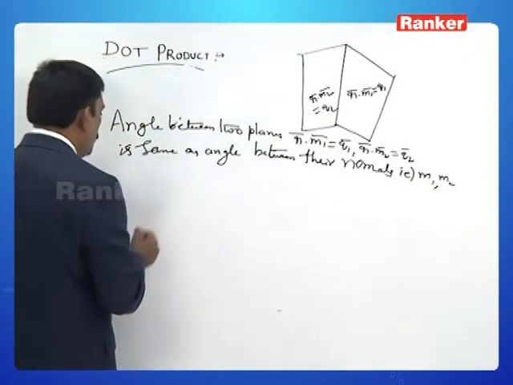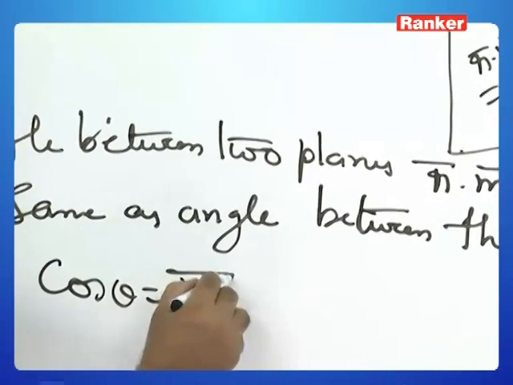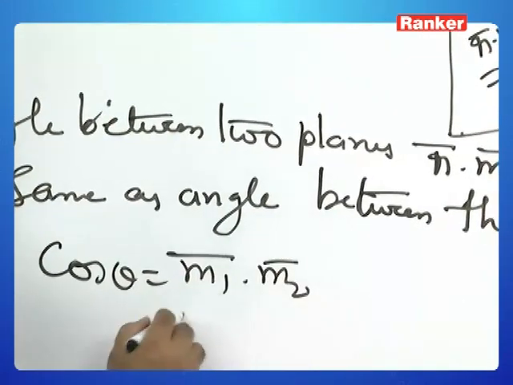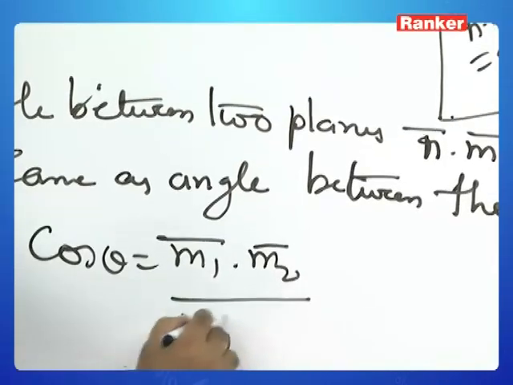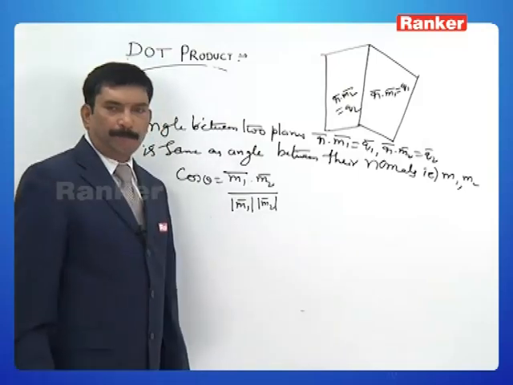So therefore, cos theta is equal to m1 bar dot m2 bar by modulus of m1 bar into modulus of m2 bar.